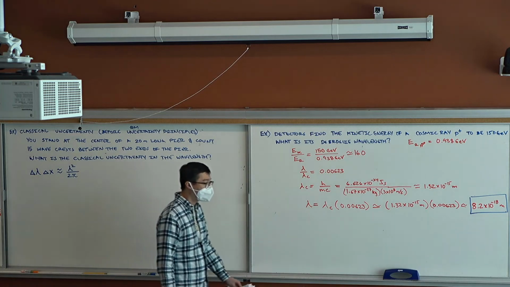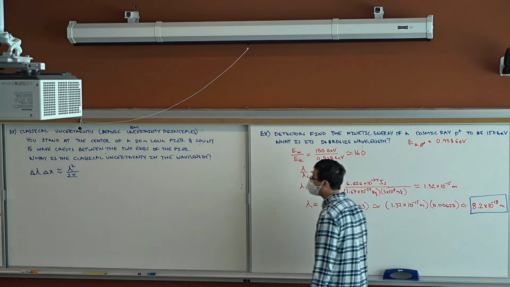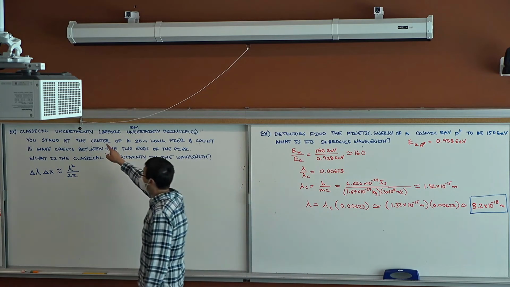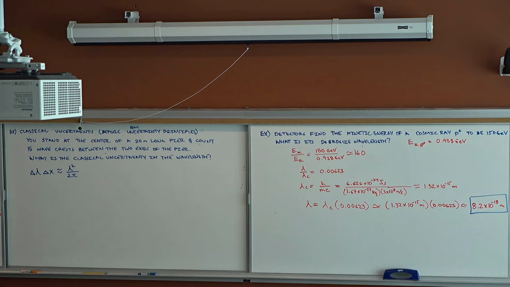I want to look at uncertainty, but I'm not going to go full quantum mechanical uncertainty here. I'm really just going to dip my foot back into this and think about this in a classical sense. So this is definitely macroscopic stuff, not quantum mechanical.